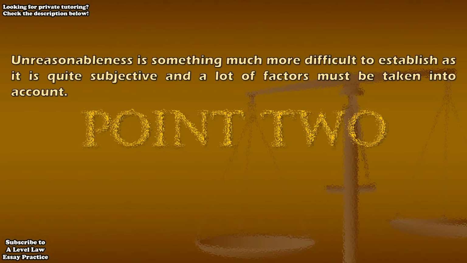Unreasonableness is something much more difficult to establish, as it is quite subjective and a lot of factors must be taken into account. The balance of what is reasonable and what is not reasonable is essentially an act of giving and taking, i.e., reasonable tolerance.